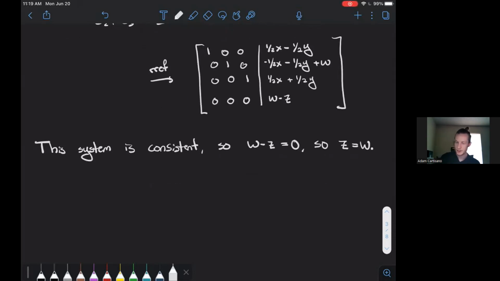Which means we can describe the span now. I'm allowed to choose any three entries that I want, and then the fourth one is forced on me.